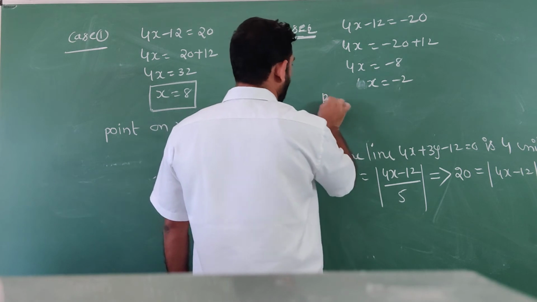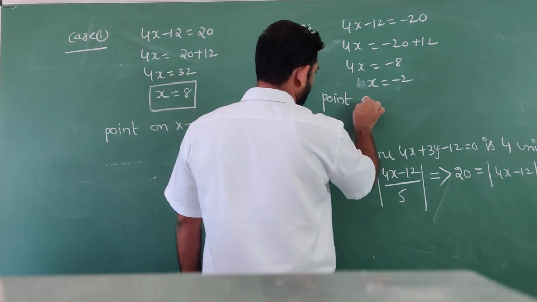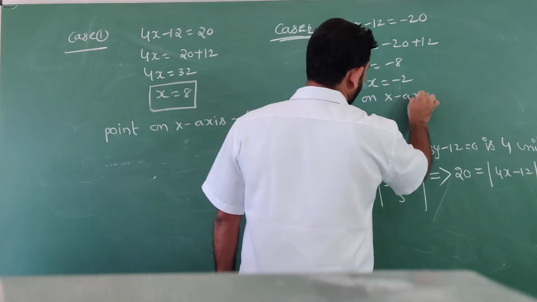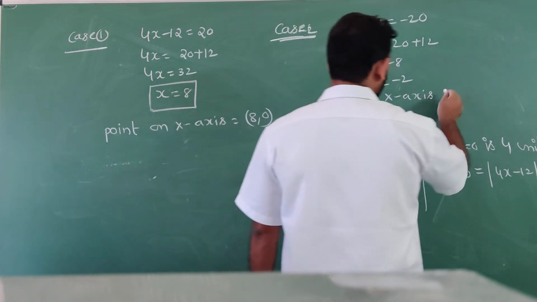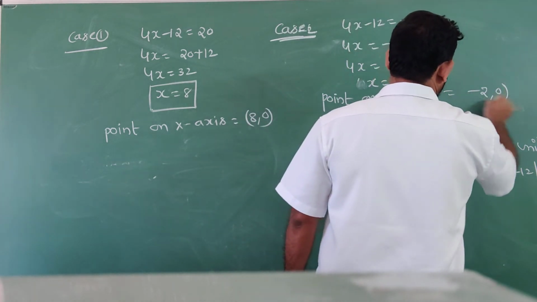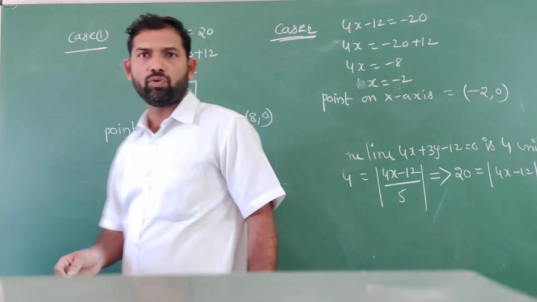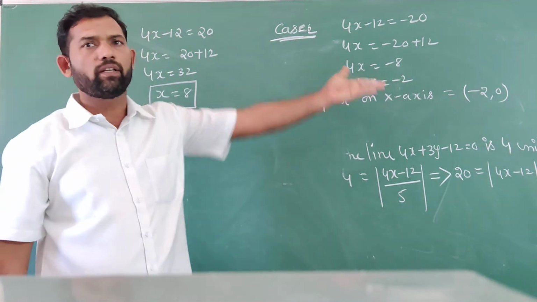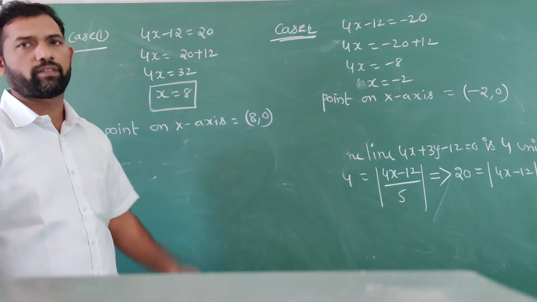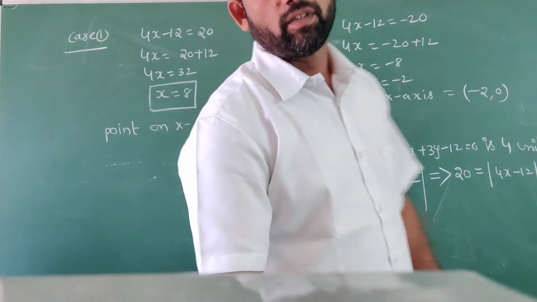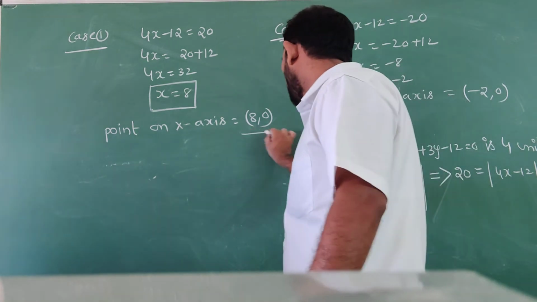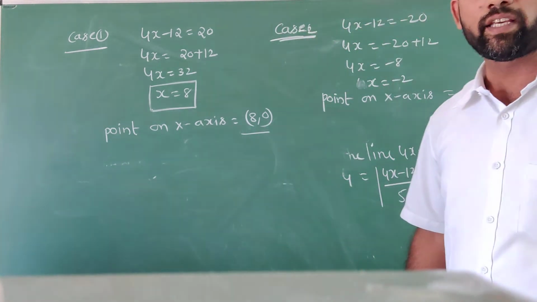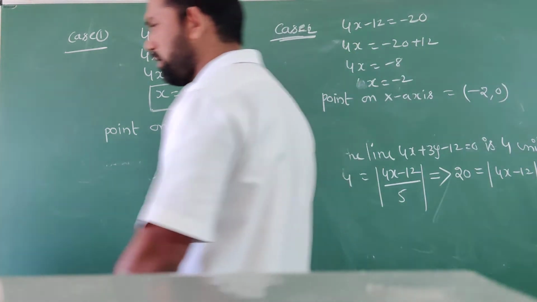So the point on the x-axis is (-2, 0). (8, 0) is on the right-hand side of the x-axis, and (-2, 0) is on the left-hand side. Generally we take case 1 only. Note down fast.